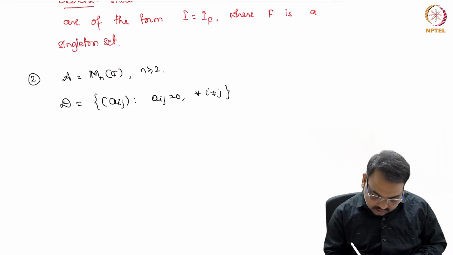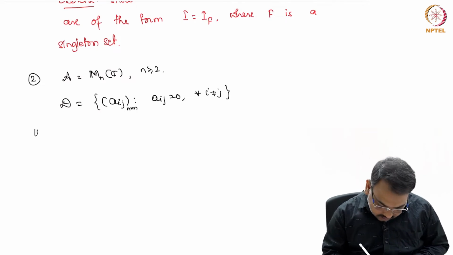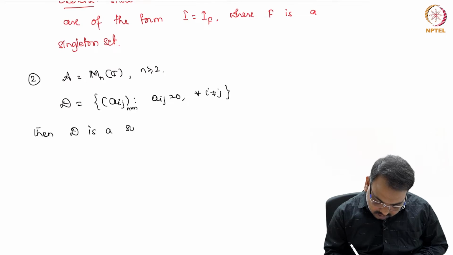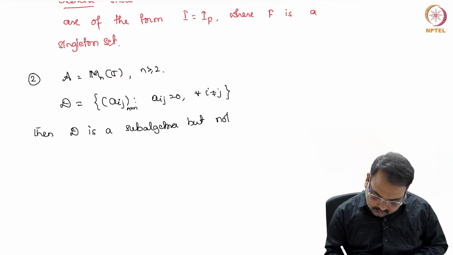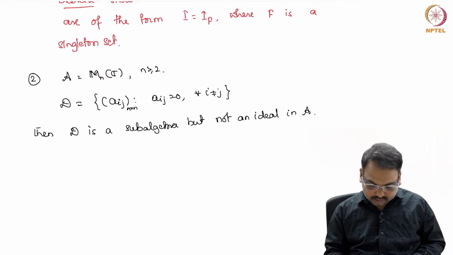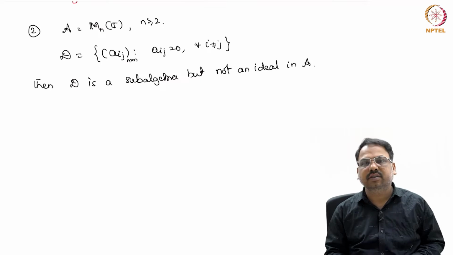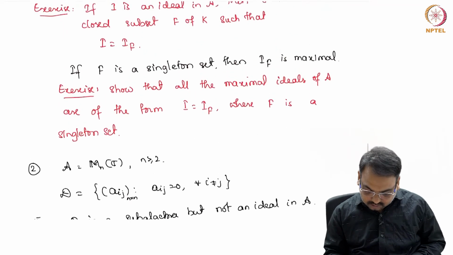The set of all n by n matrices which are diagonal. Then we can easily show that D is a subalgebra, but not an ideal in A. Okay, so these are a few observations about ideals.